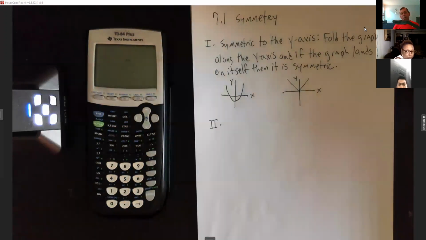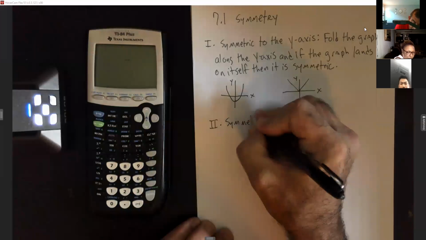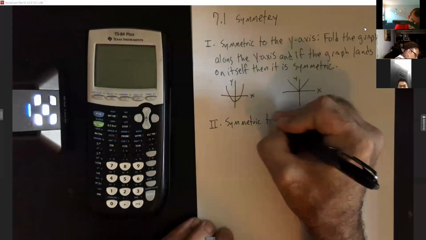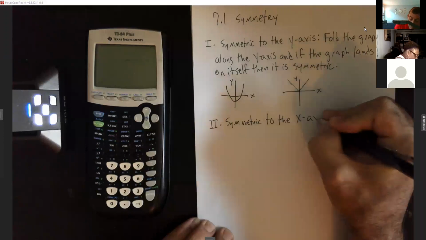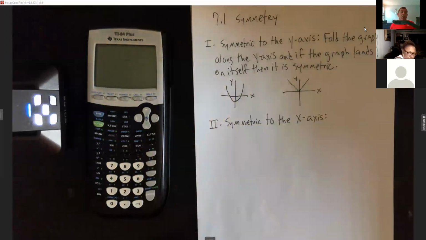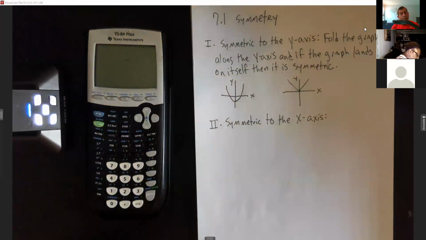Second symmetry we look at is symmetric to the x-axis. To check the x-axis, I'm going to do the same thing. I'm going to fold this graph along the x-axis, and if the top graph lands on top of the bottom, then it is symmetric to the x-axis.